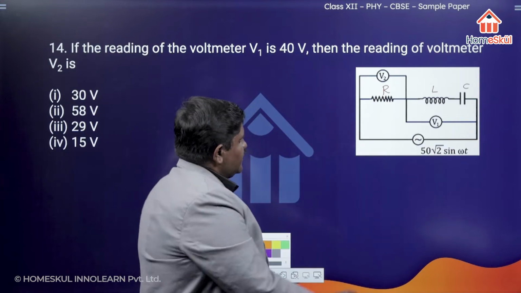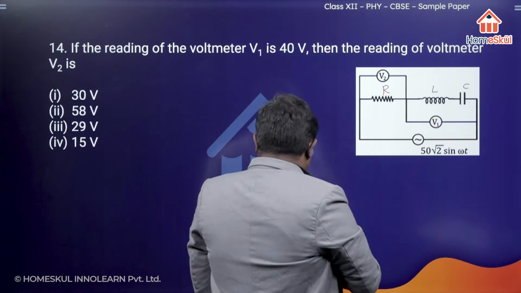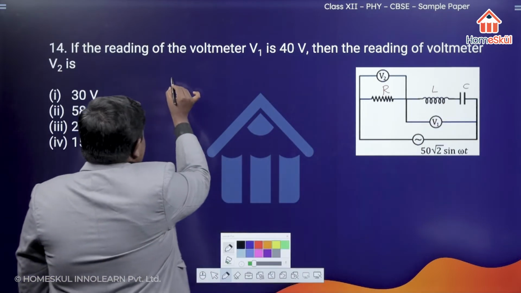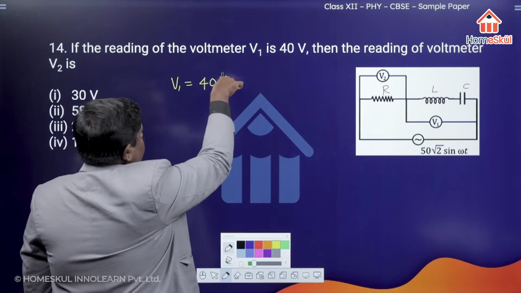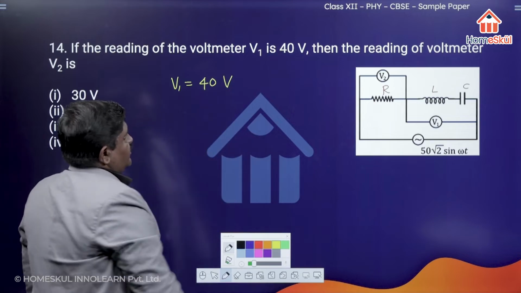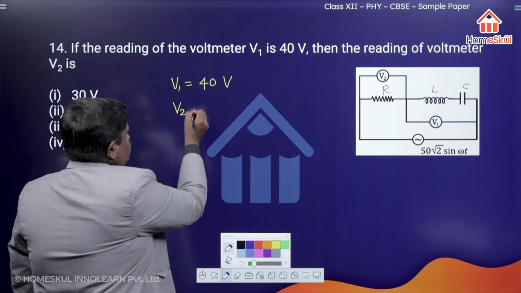The voltage across the inductor and the capacitor is given, V1 equal to 40 volt. Then we have to find out what is V2.